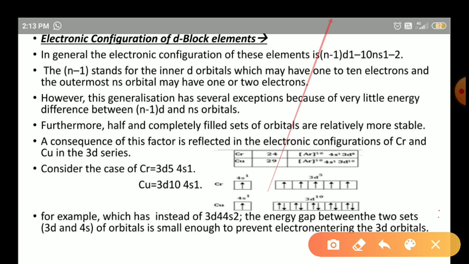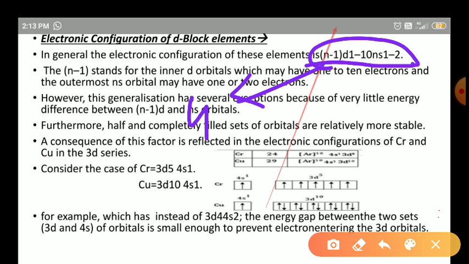So this is the general electronic configuration of the d block elements. Here the n stands for either the fourth period, fifth period or sixth period. Now it's clear.